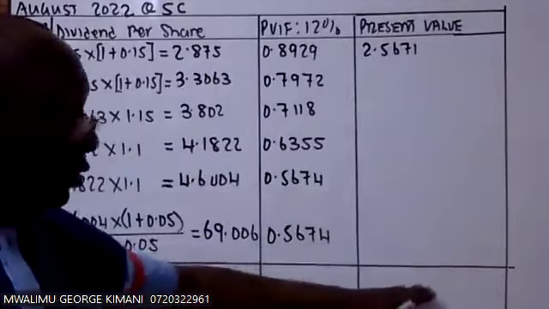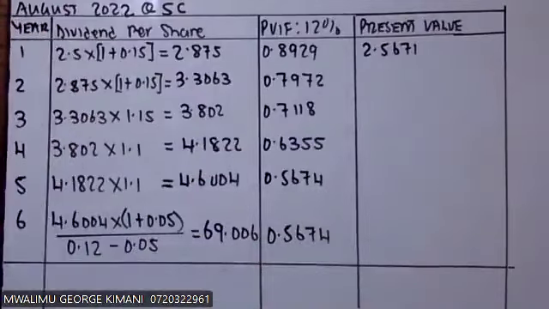You multiply, give me the total down here. Work with 4 decimals.